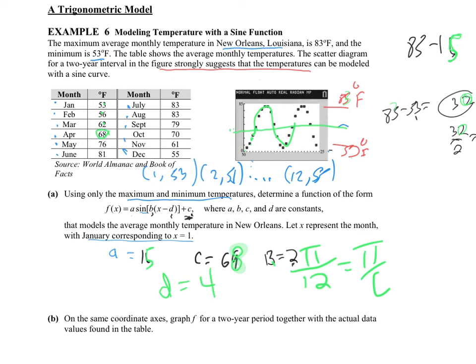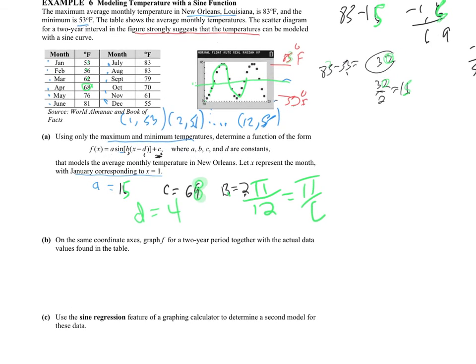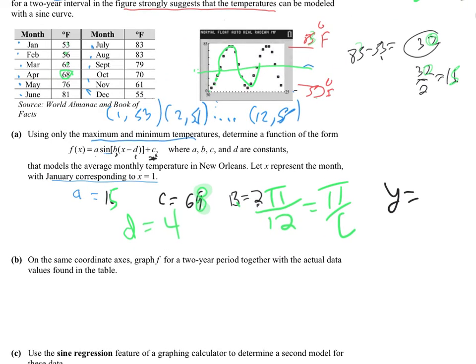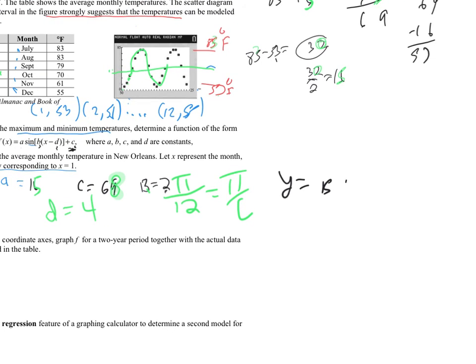So my equation should look like this. Y equals, do the letters he has. A, what did I say A was going to be? 15, and it's a sine curve. And I said I'm going to put pi over 6 as the number outside of the parenthesis, and x minus the 4.